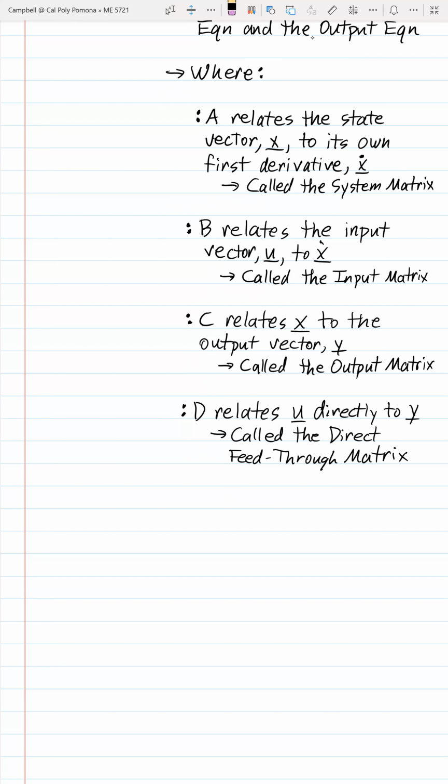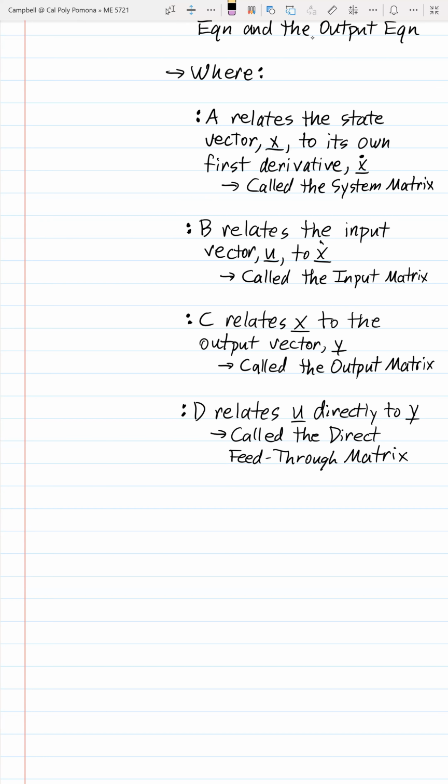And what that represents is if somehow an input appears directly as a component in the output and isn't modified by the system, then that's when we'll see it in the D matrix.